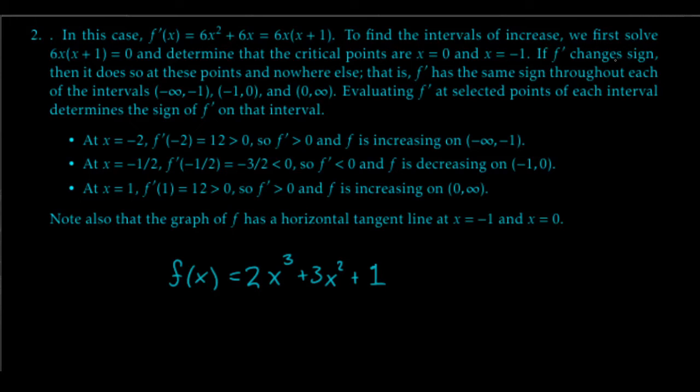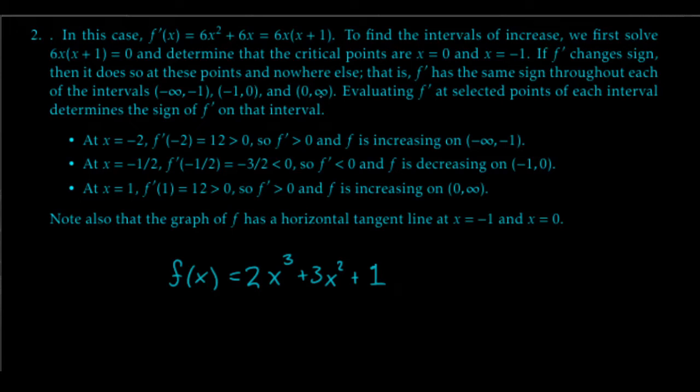So if f prime changes sign, if the derivative changes sign, then it does so at these points and nowhere else. That is, f prime has the same sign throughout each of the 3 intervals, since we're cutting at both of these critical points: the interval from negative infinity up to negative 1, negative 1 up to 0, and 0 up to infinity.